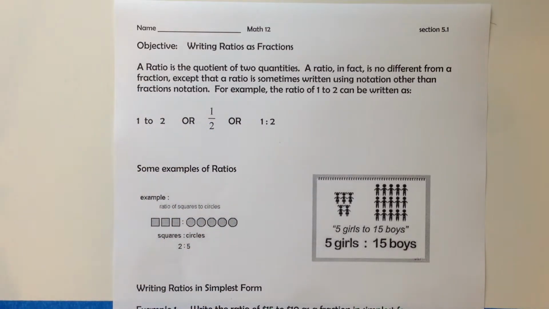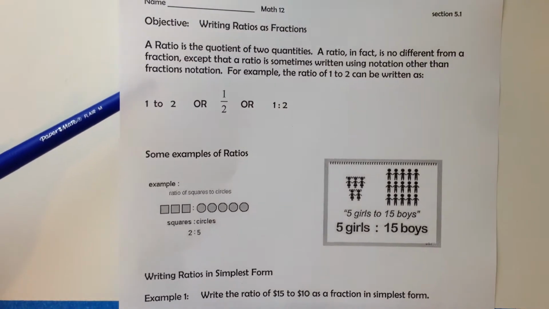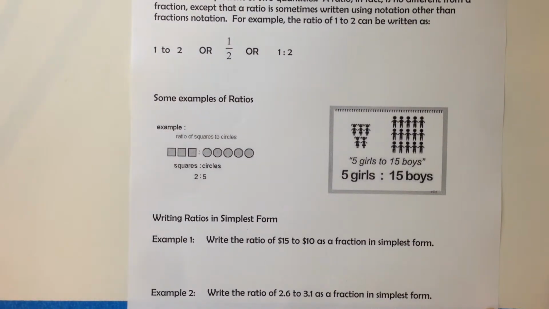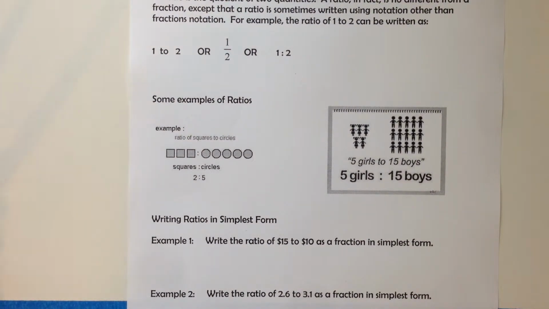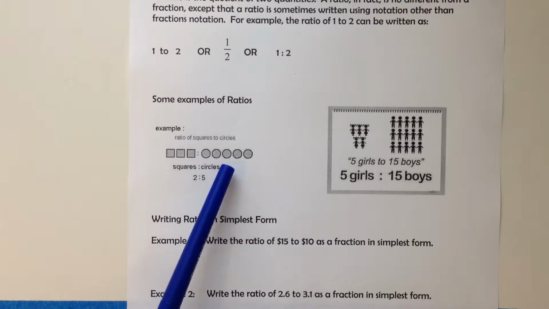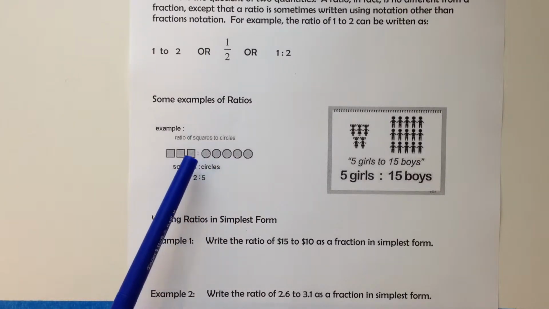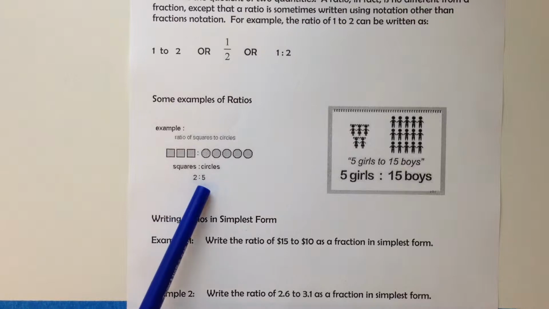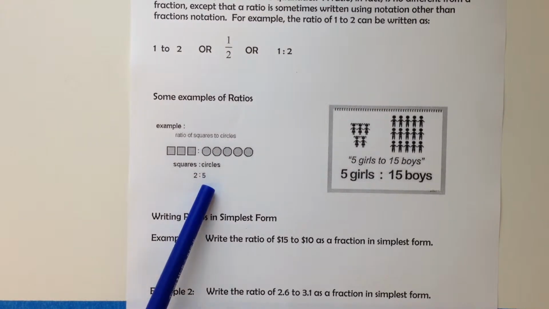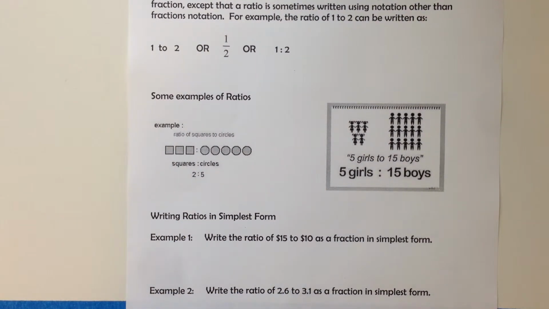Alright? Some examples of ratios are, for example, say if I have 3 squares to 5 circles, then I can write that ratio as 3 to 5. Alright.